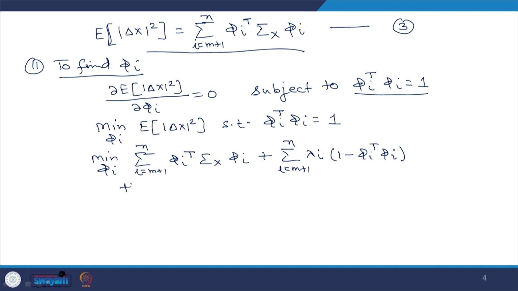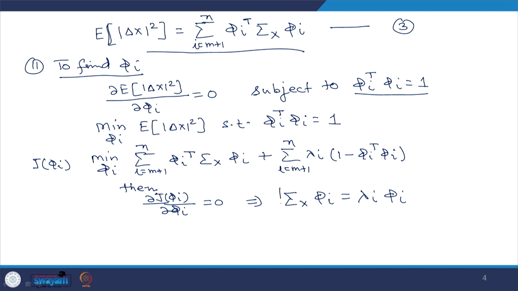And then if this is J of phi i, then to minimize it, del J over del phi i equals to 0, and this will give me sigma x phi i equals to lambda i phi i. So, equation 4.